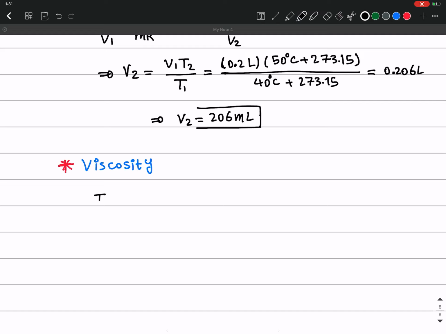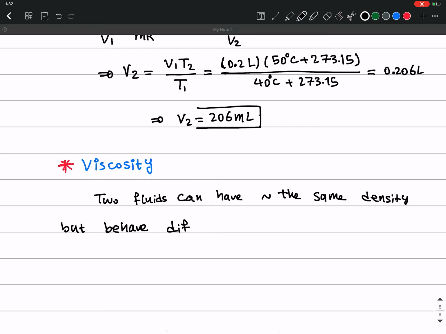So two fluids can have almost the same density, but behave differently when flowing.